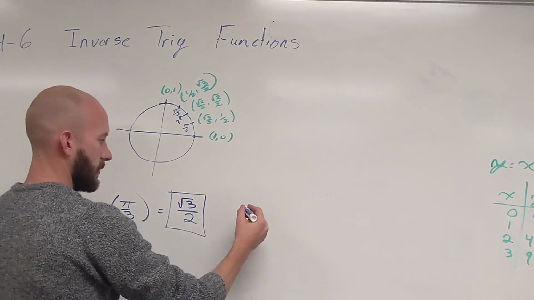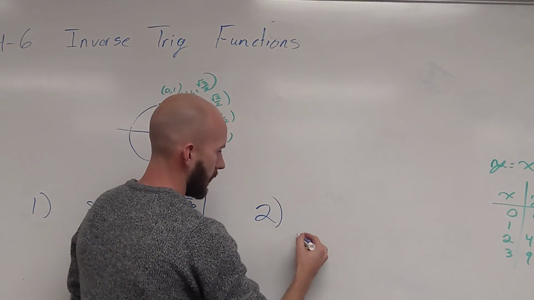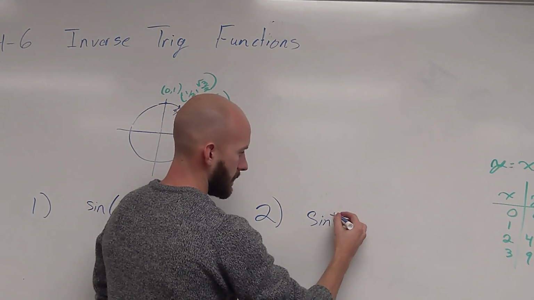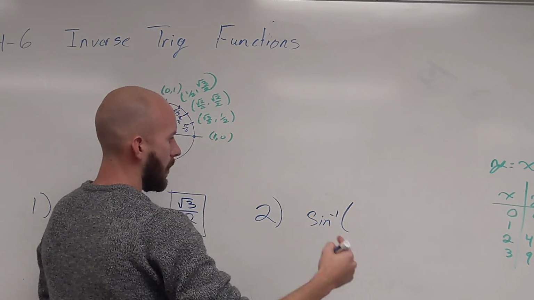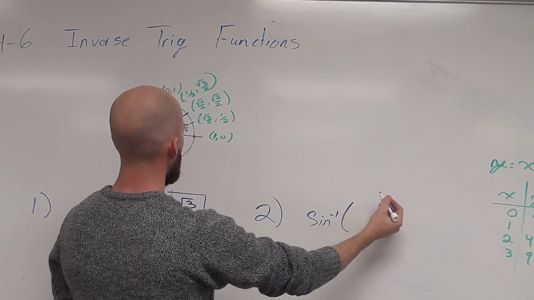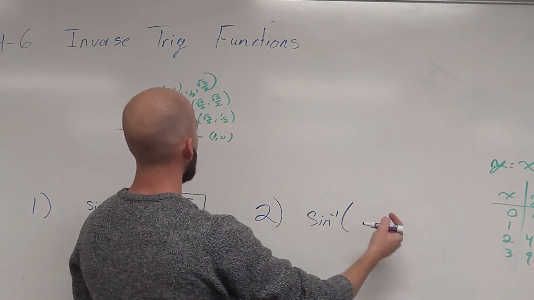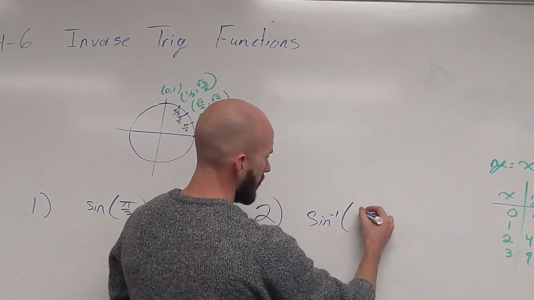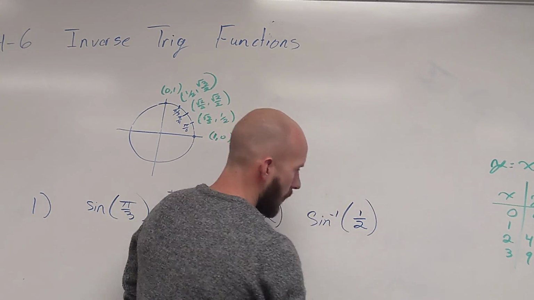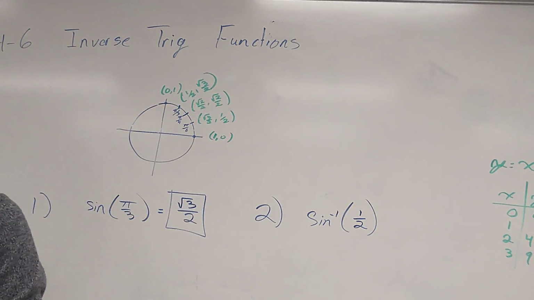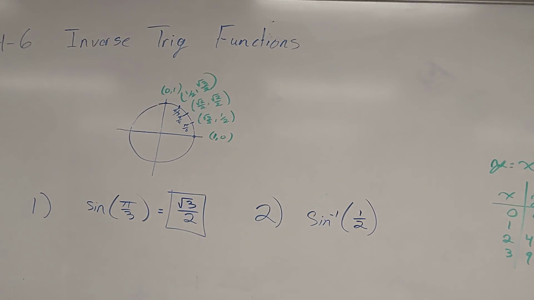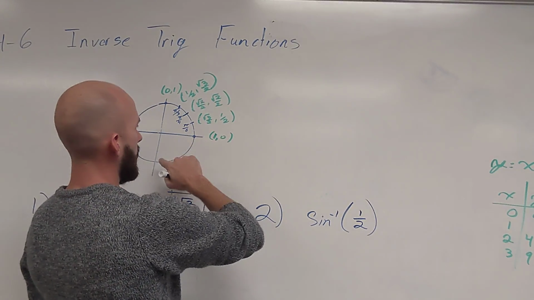So now, let's look at the inverse. Okay. What would sine inverse of, and I'm not going to have an angle anymore if I'm doing sine inverse, what would sine inverse of a half be? Nope.